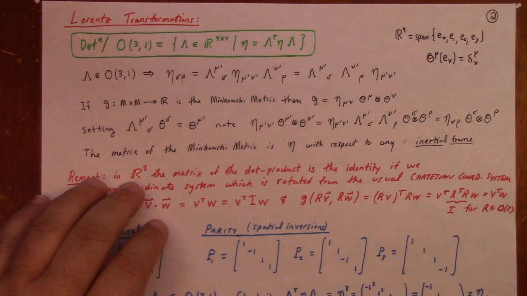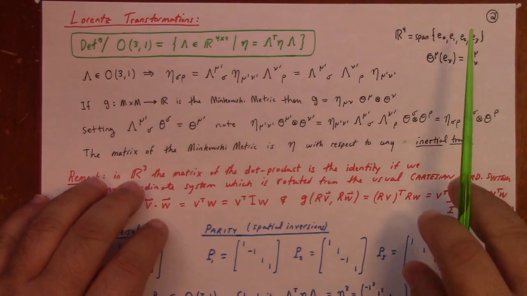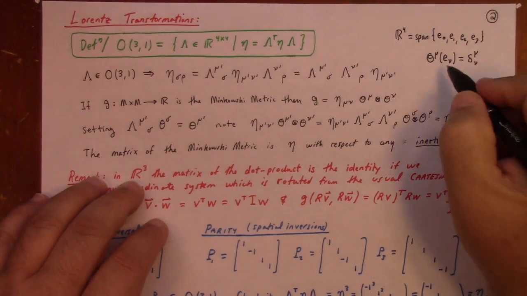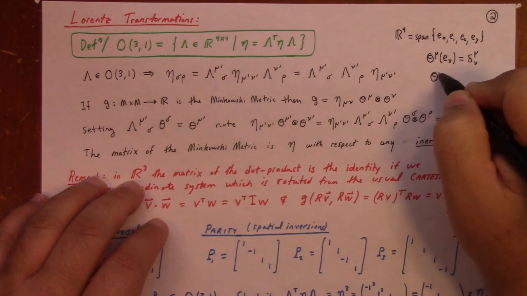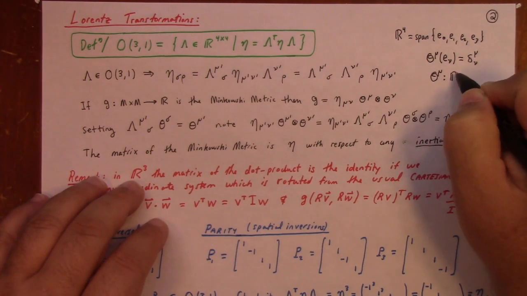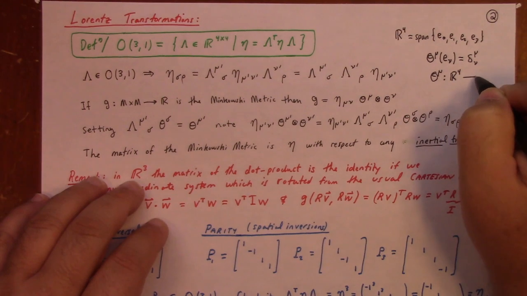There are a few different conventions that you can go with. Anyway, this serves to define theta mu as a so-called covector or dual vector from R4 to R, all right?